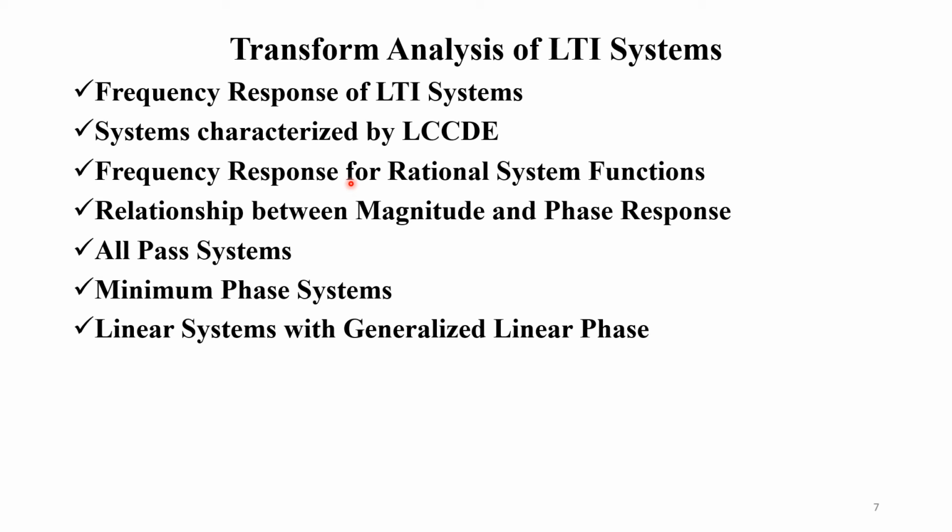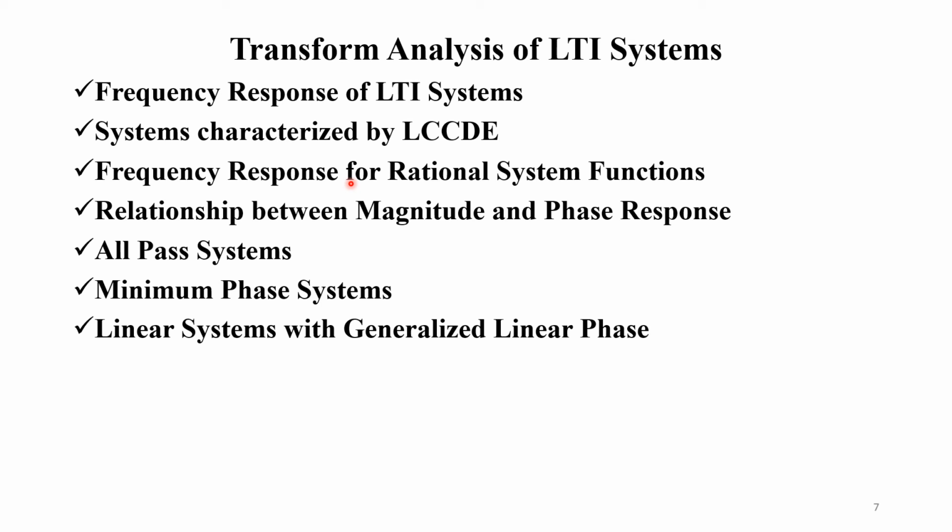In case of a minimum phase system, both the original system and the inverse system have all the poles and zeros inside the unit circle, because in case of the inverse system, you have studied that the poles of the original system become the zeros of the inverse system, and similarly the zeros of the original system become poles of the inverse system.